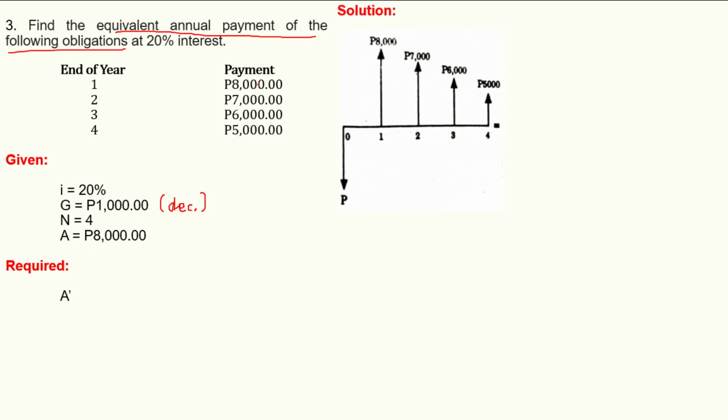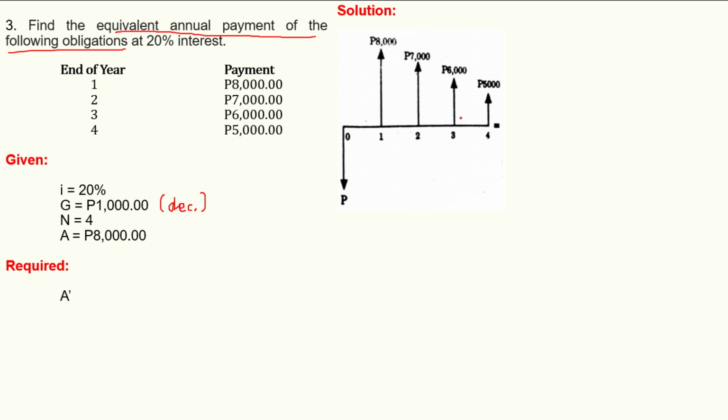So, solution. Kapag dinrawing natin to sa cash flow diagram, ito yung magiging itsura niya. Ito yung ating present worth. From year 1, nagbayad ka ng 8,000. Sa year 2, nagbayad ka ng 7,000. Sa year 3, nagbayad ka ng 6,000. And sa year 4, nagbayad ka ng 5,000. Okay?